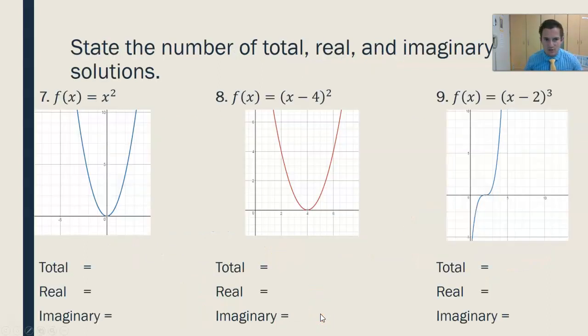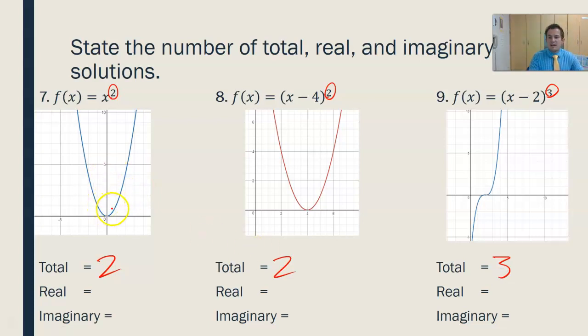Let's look at this in real time. Again, I'm having you state the number of total, real, and imaginary solutions. Let's not look at the graphs for now. Let's just look at the functions. I can automatically tell how many total solutions there are going to be based on the degree, or the highest exponent, of these polynomials. So here there are 2 solutions, 2 solutions, 3 solutions.